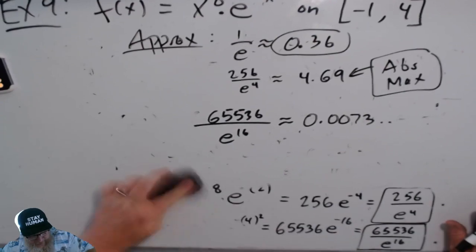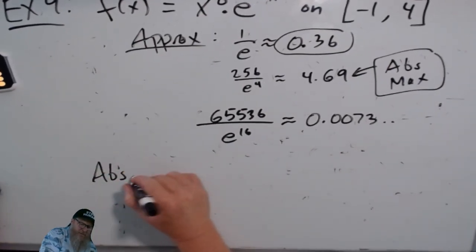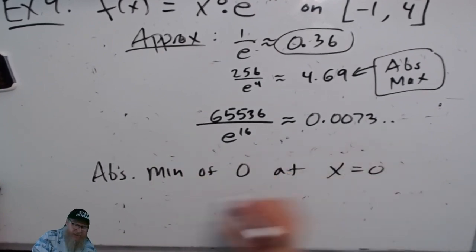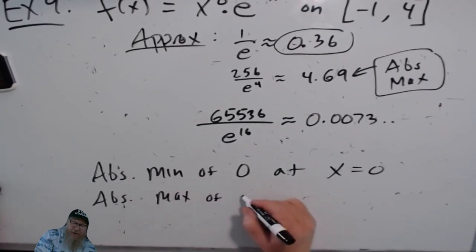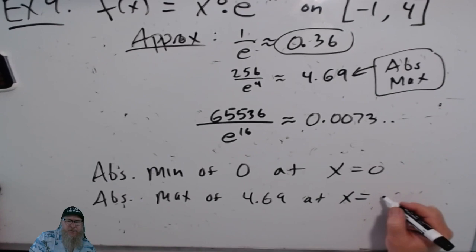So to summarize this: absolute min of 0 at x equals 0, absolute max of 4.69 at x equals, what was that, 4?